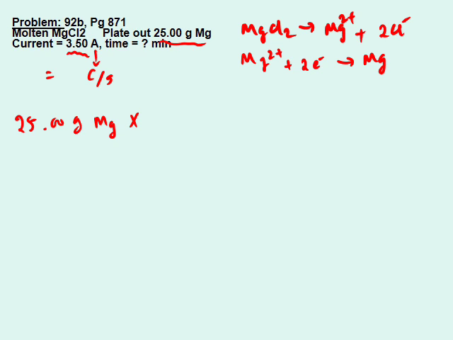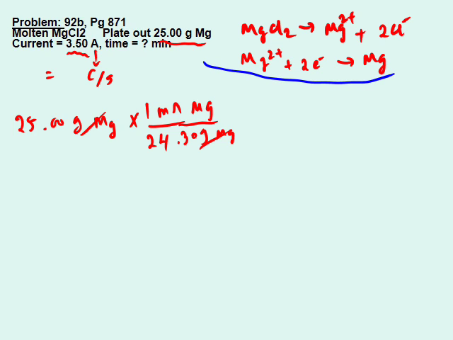From the periodic table, we find that 24.30 gram of Mg is in 1 mole of Mg. So this takes me from gram of Mg to mole of Mg. Next step, let's draw a line here. We see 1 mole of Mg.